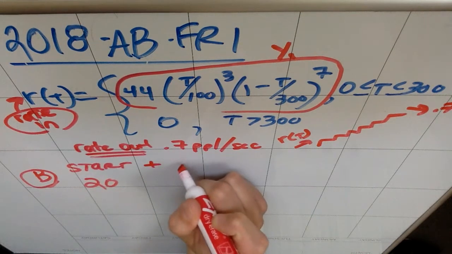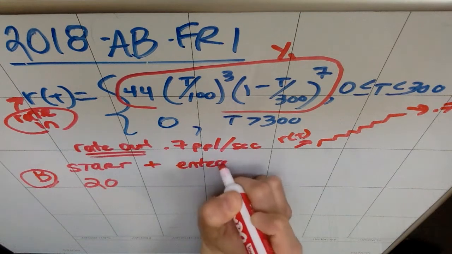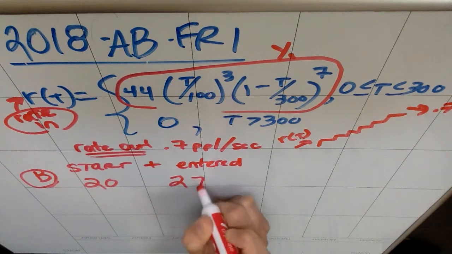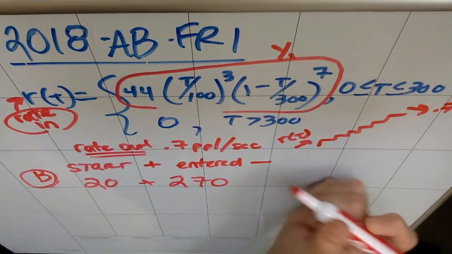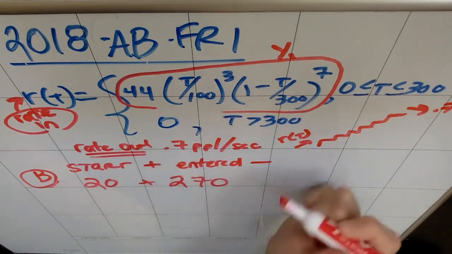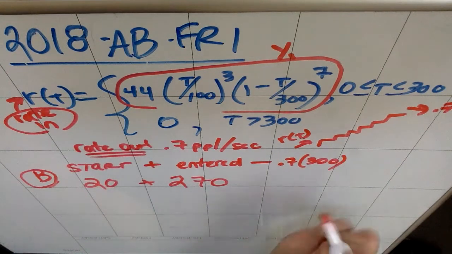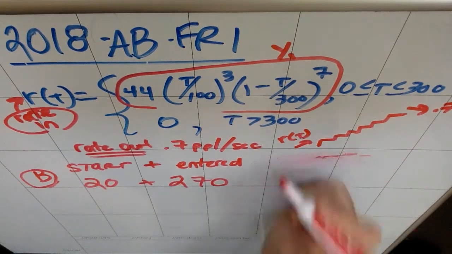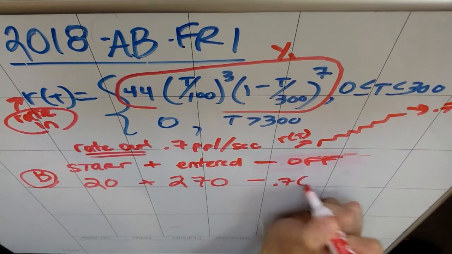Plus, we know that in the window from 0 to 300, the number of people that entered the line was 270 because we just found that in part A. And then we need to subtract the people that got off the line in those 300 seconds, 0.7 people per second. Sorry, my bad, I should actually put that minus the people that got off of the line, which is 0.7 times 300.